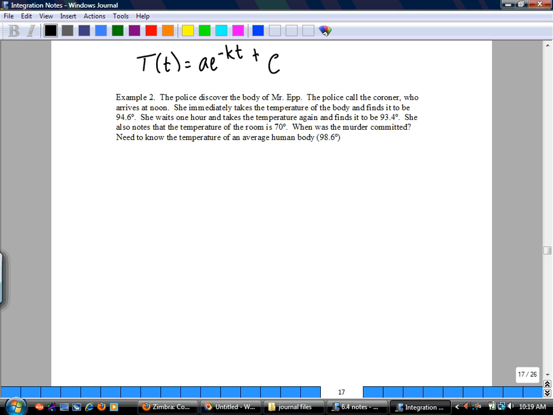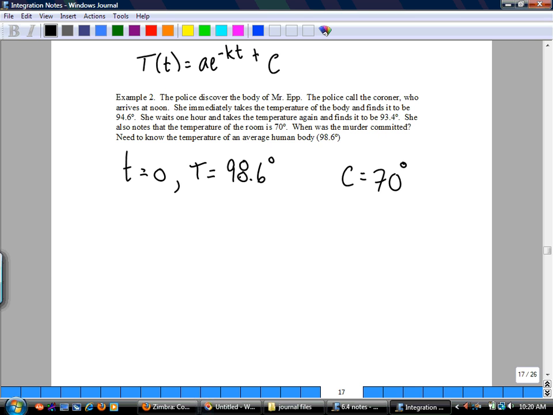So the first thing we need to know is, at time t equals 0, the body temperature is 98.6 degrees. We also need to know the room temperature, big C, which is 70 degrees.